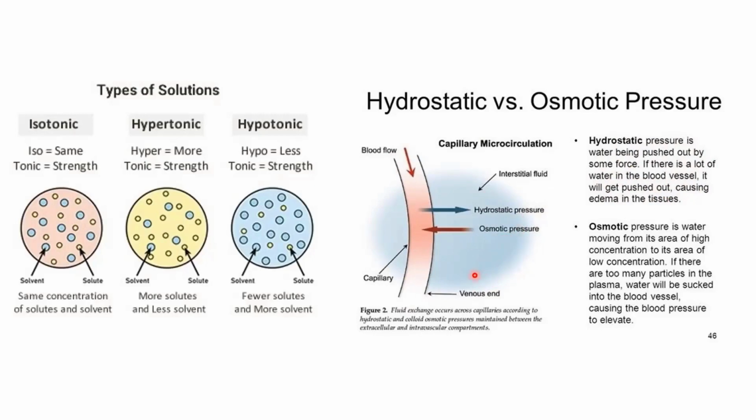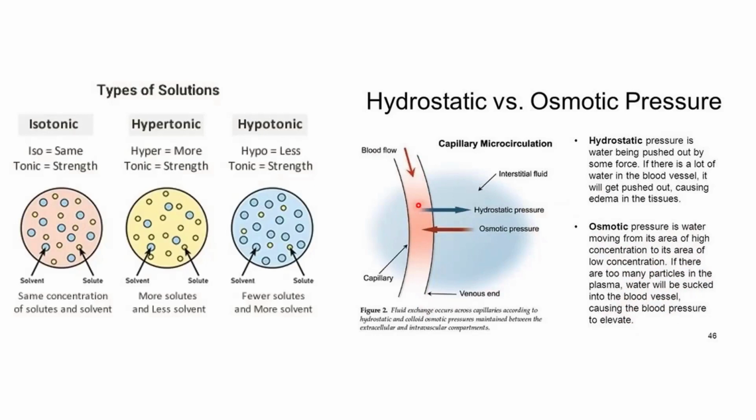Okay, fine. Now, osmotic pressure is simply the pressure of water moving from its higher concentration to lower concentration. So if the outside of the cell has more water concentration, the water is going to move from outside to inside. Osmotic pressure is water moving from its area of higher concentration to area of lower concentration. If there are too many particles in the plasma, water will be sucked into the blood vessel, causing the blood pressure to elevate.